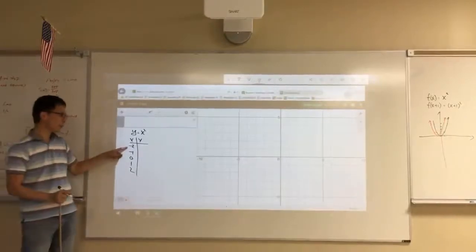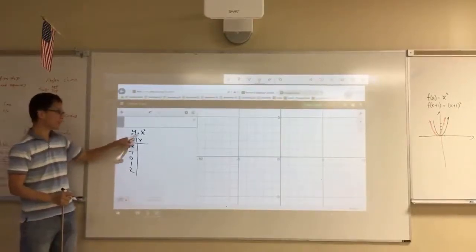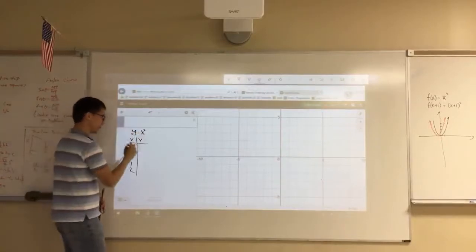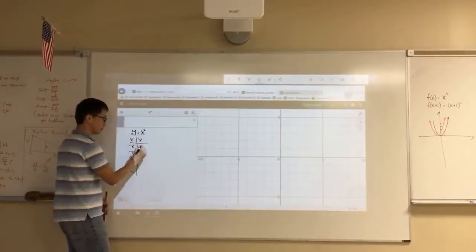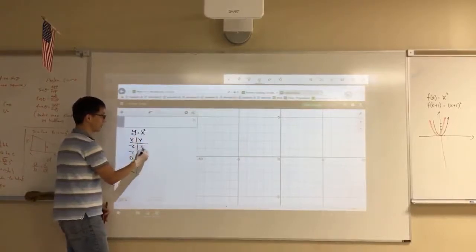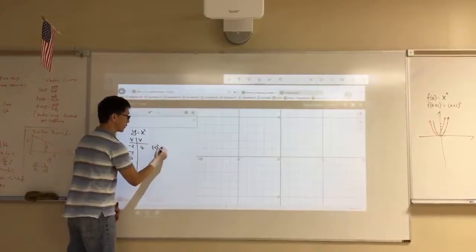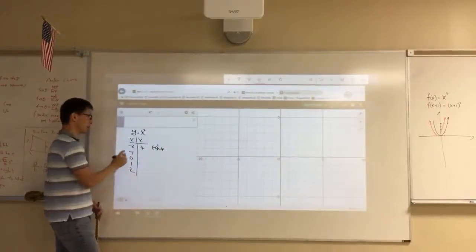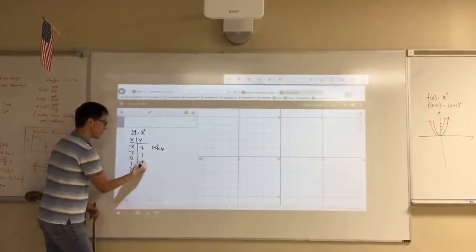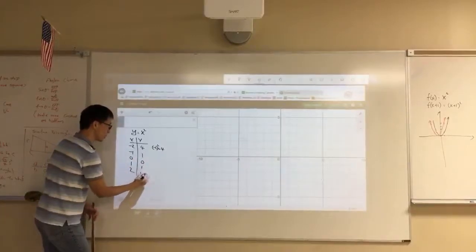Okay, so if I plug in -2 here, it's going to square this, so it's going to be what? 4 or -4? It's 4, because remember, it's squaring. -2 squared is 4. So now it's 1, that's 0, this is 1, this is 4.